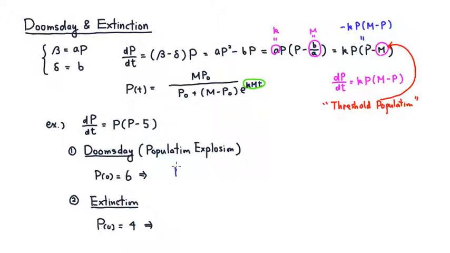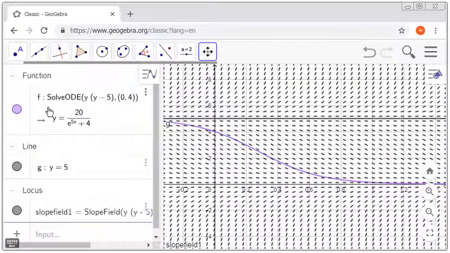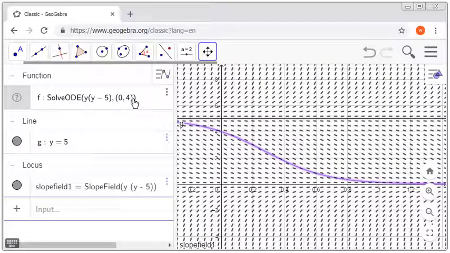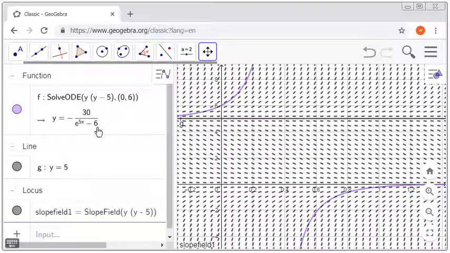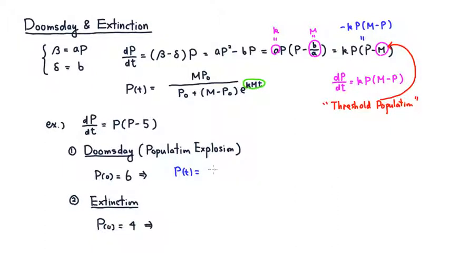The population here, I forgot what it was. If you start with population 6, then the equation is negative 30 over e to the 5x minus 6, and the doomsday is going to be, you can just set the denominator equal to 0, then you're going to have an explosion of population.